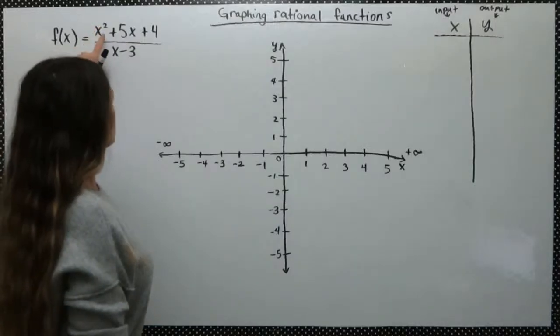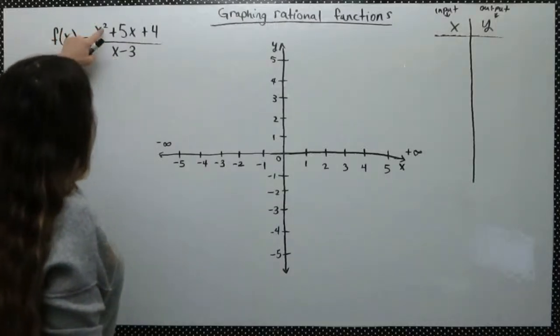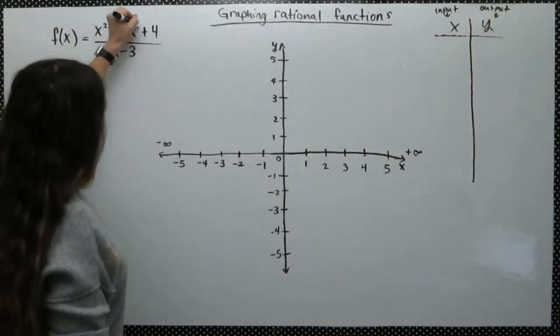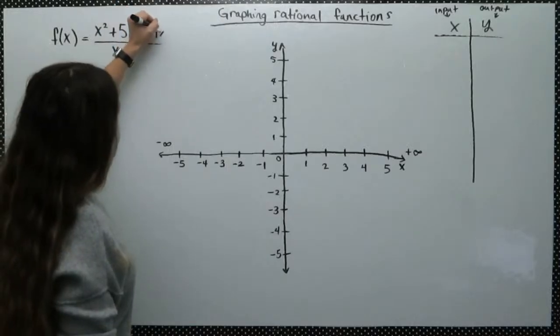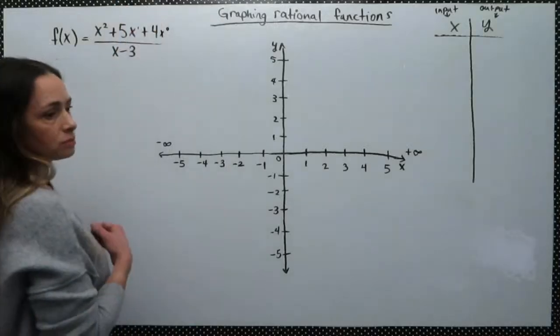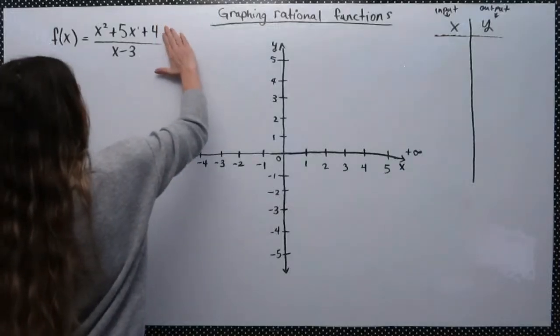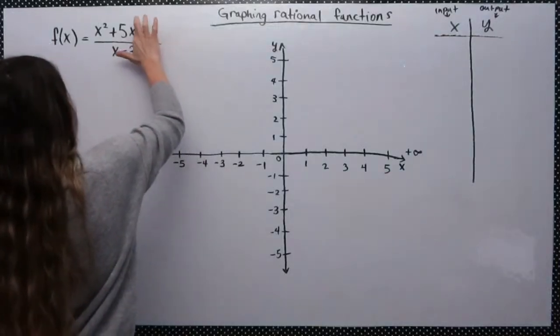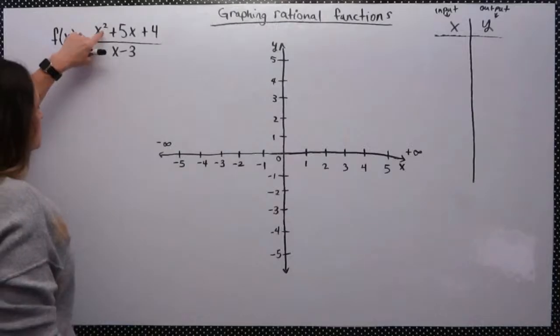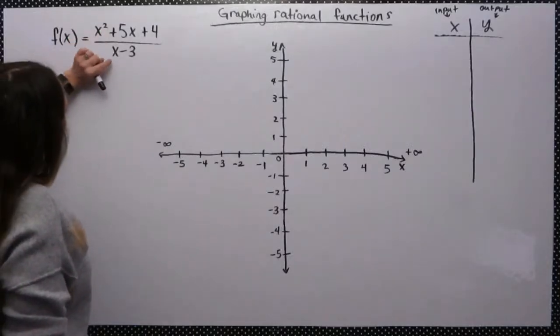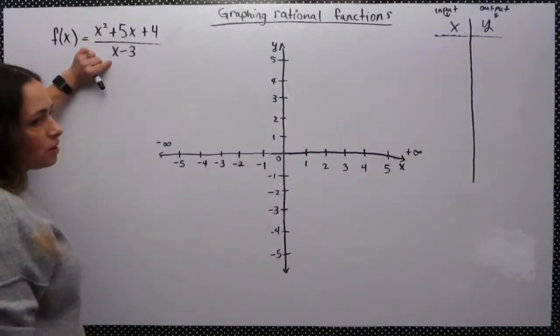Here in the numerator, my largest one is 2, because there's a 1 there, it's hidden, and that's actually 4x to the 0 power. They all have exponents, whether it's openly stated or not. But this one's a second degree. And then you're looking at the exponent in the denominator as well.